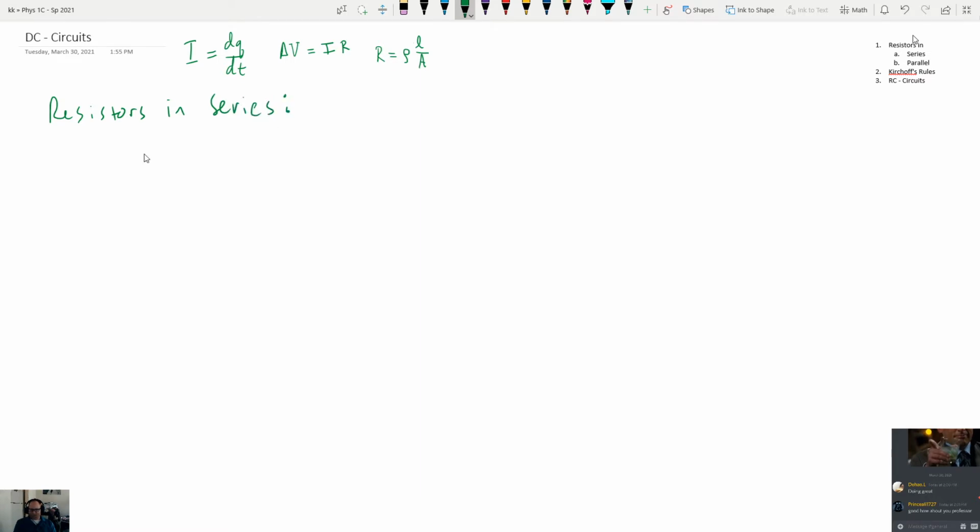Okay, so for resistors in series, we're going to set up a circuit where we have one resistor right here. This little squiggly line is the symbol you're going to see not only in this book, but in a lot of places for resistors. So we have one resistor that I'll say has a resistance of R1 connected in series, so basically just back to back with another resistor here that we'll call R sub 2.